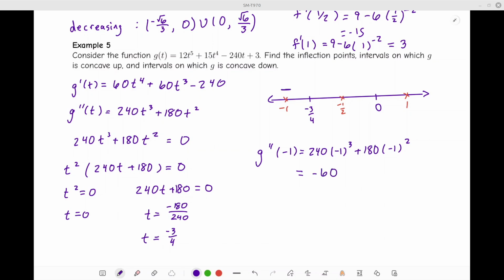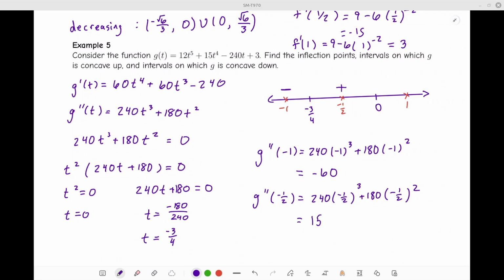So I got a negative sign there, and then g double prime of negative 1/2 equals 240 times negative 1/2 cubed plus 180 times negative 1/2 squared, and we get 15 there.